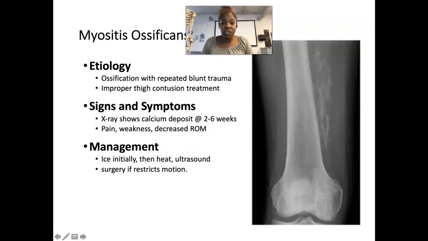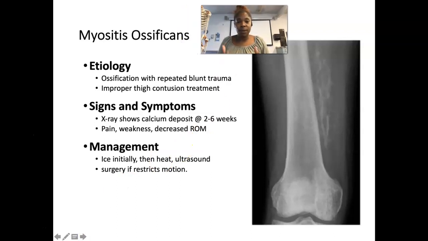The next pathology that we're talking about here is myositis ossificans. Say that a couple times. Myositis ossificans. Here's the etiology: there is increased bone growth within the muscle itself, or what your textbook would call ossification, the hardening of tissues after repeated traumas. Now let's go back to our quadriceps contusion slide where I said we want to pad them.